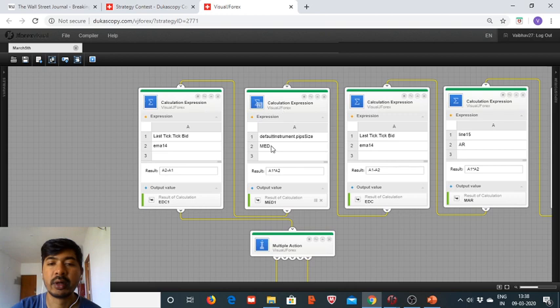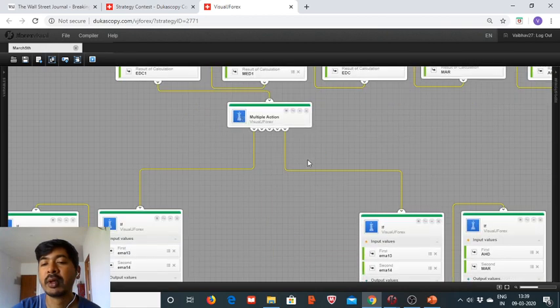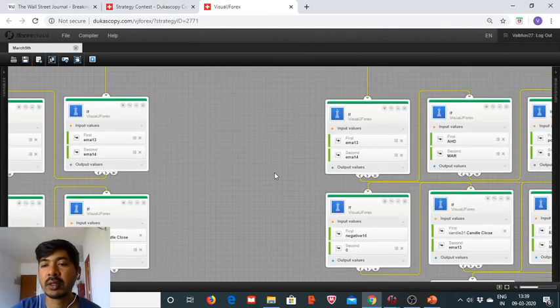So this is the calculation for defining 20 EMA, and then these are calculations. Both these calculations are to determine that the last price is within the range.